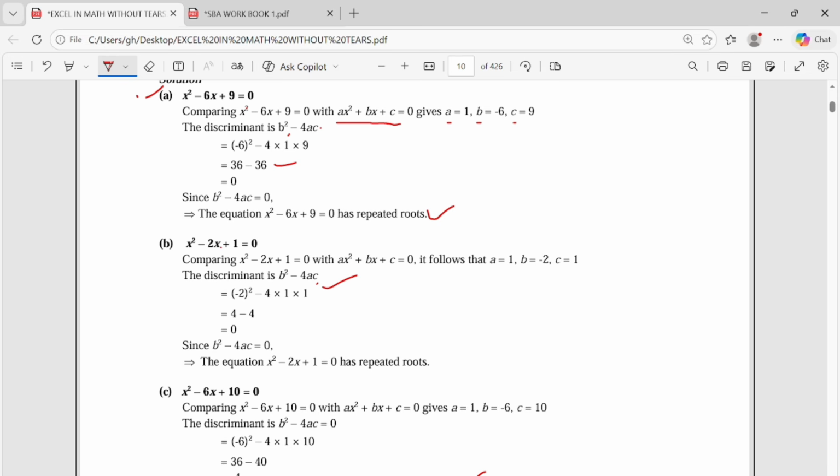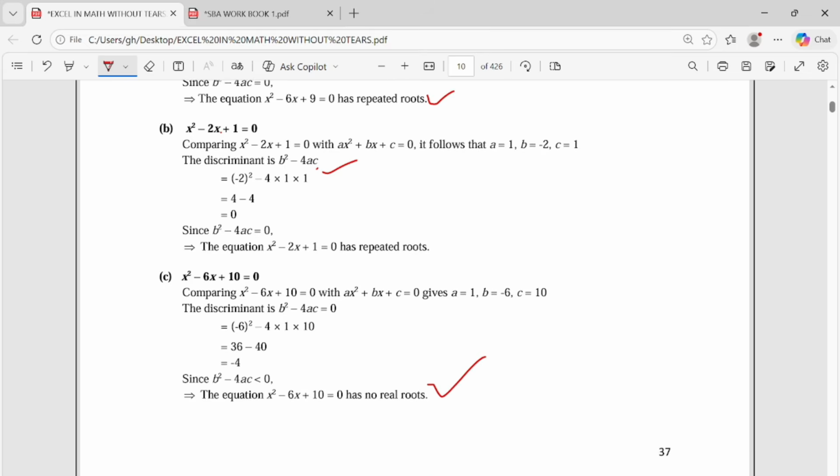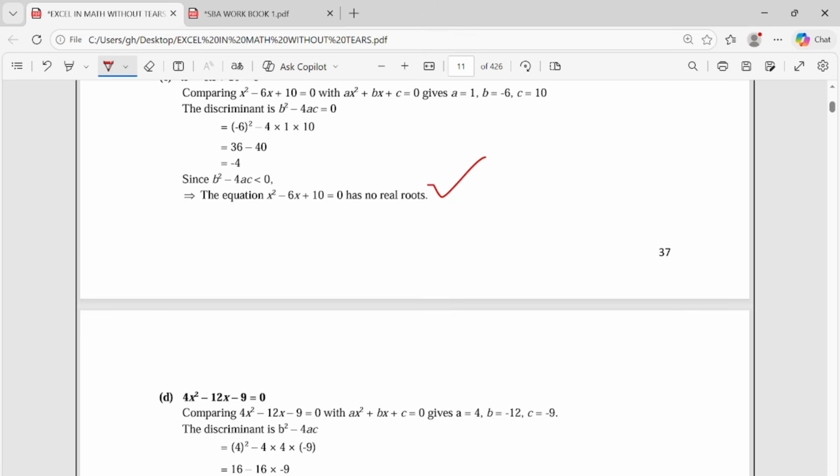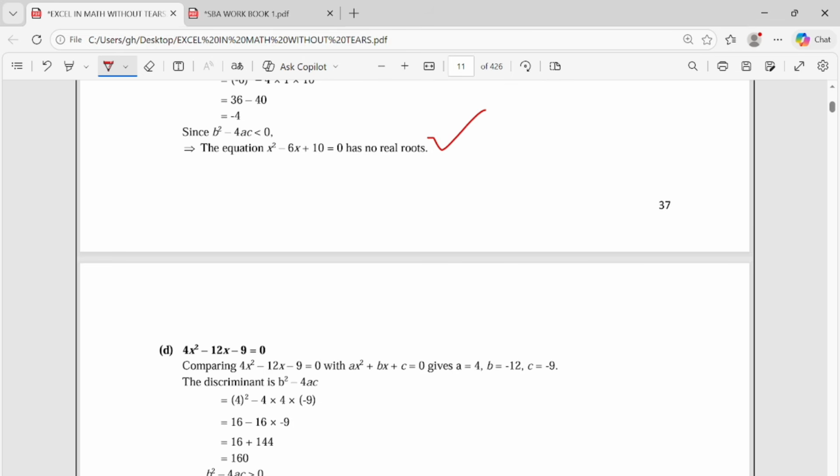Now let's also check this last question here. The last question is 4x squared minus 12x minus 9 is equal to 0. If you compare this equation with the general quadratic equation, you come up with the value of A, the value of B, and the value of C. After you get them, you substitute in your discriminant and come up with your answer as 160.